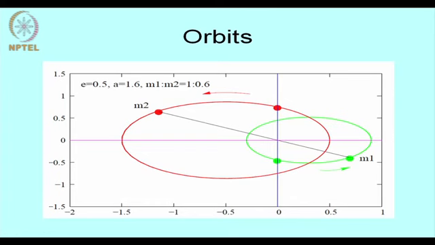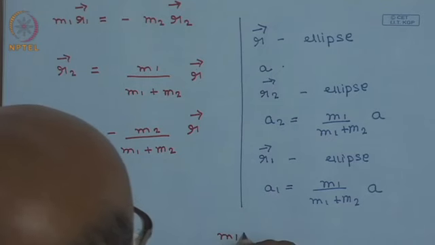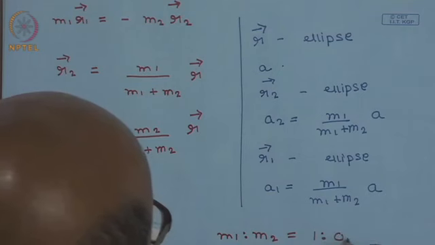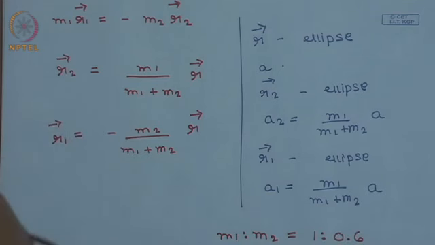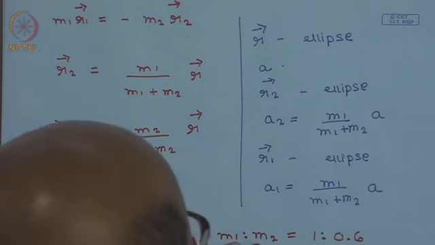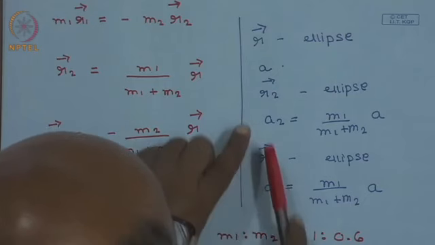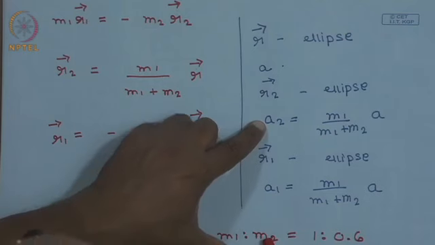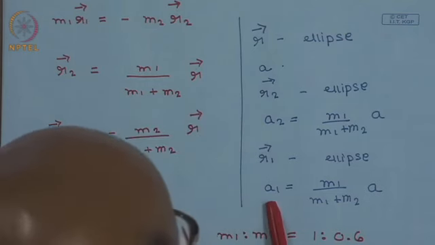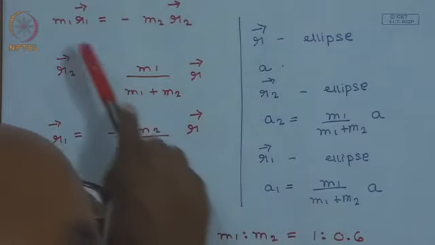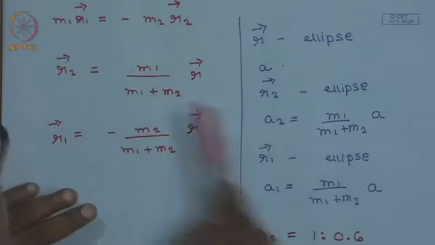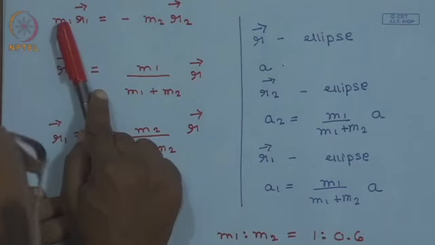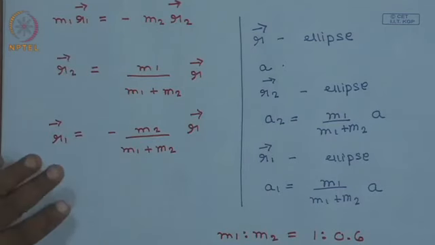So, we are considering a particular situation where M1 is to M2 is equal to 1 is to 0.6. So, you would expect the semi major axis of the less massive particle to be larger, and the semi major axis of the more massive particle to be smaller. So, the more massive particle is going to have a smaller orbit, the less massive object is going to have a larger orbit, such that the center of mass remains fixed.